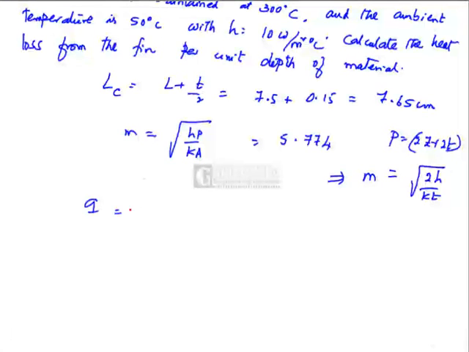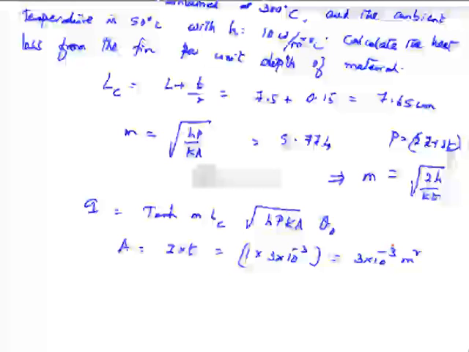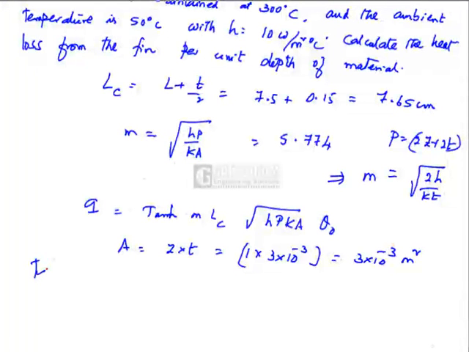Therefore Q is equal to square root of hPkA into theta naught into tanh m Lc, where A is equal to Z into t, that is 1 into 3 into 10 power minus 3 meter square for 1 meter depth. He has very clearly given that Z is taken as 1 meter.